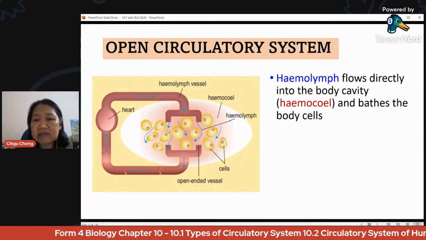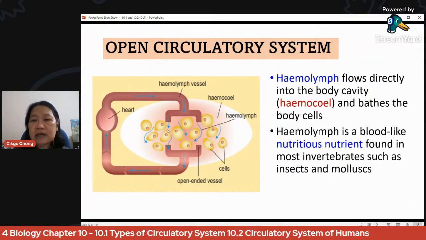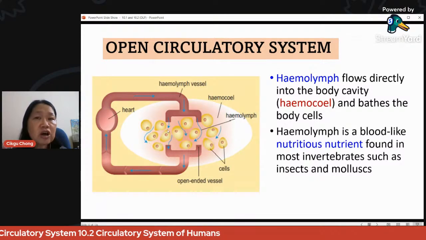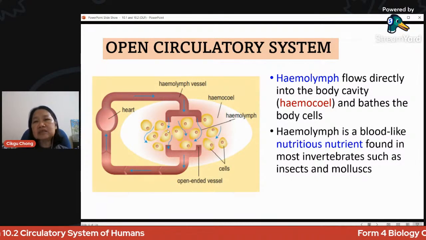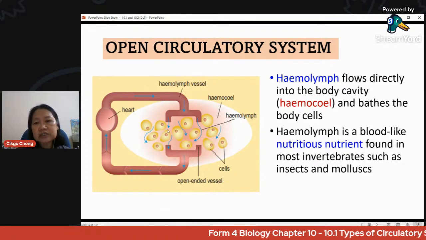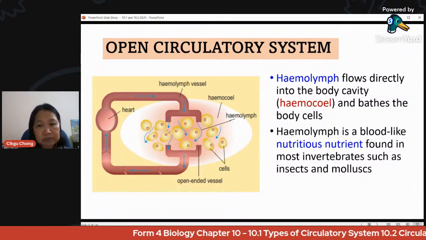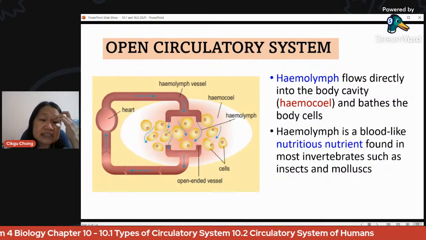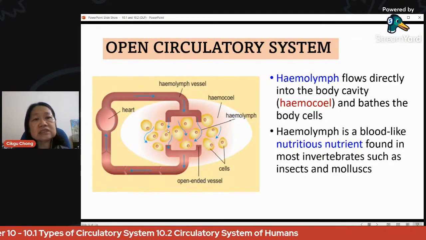So it bathes the cell, it touches the body cells. Okay, and this hemolymph is blood-like, but it is not red in color. It's blood-like because it contains nutrients, just like blood. They are found in most invertebrates like insects and mollusks, like snails and shellfish. So this is the open.